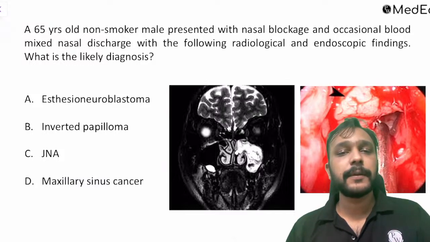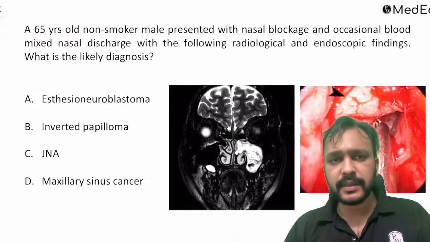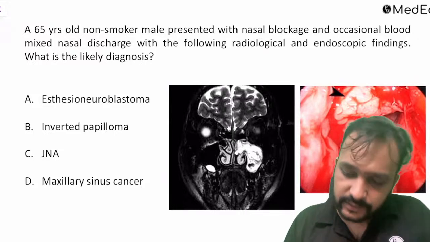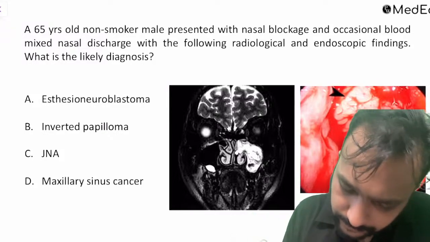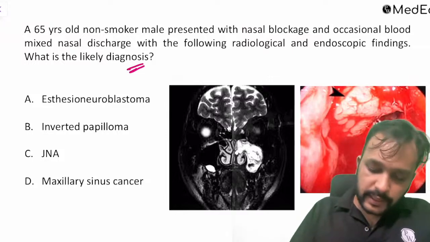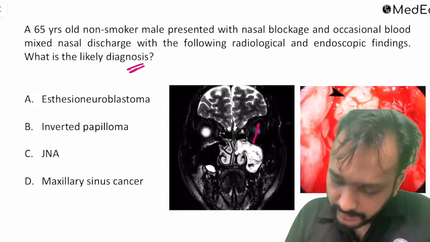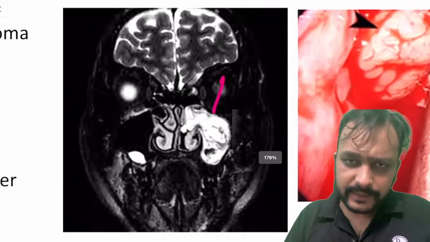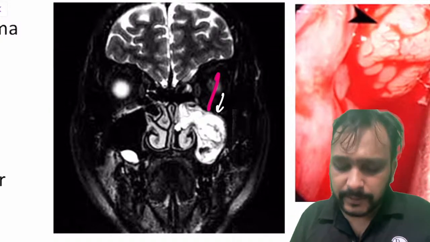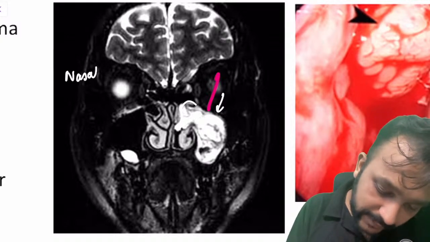A 65-year-old non-smoker presented with nasal blockage and occasional mixed nasal discharge with the following radiological and endoscopic findings. What is the likely diagnosis? So guys, in this patient, what you can see is that there is a tumor present within the maxillary sinus and it is extending into the nasal cavity.